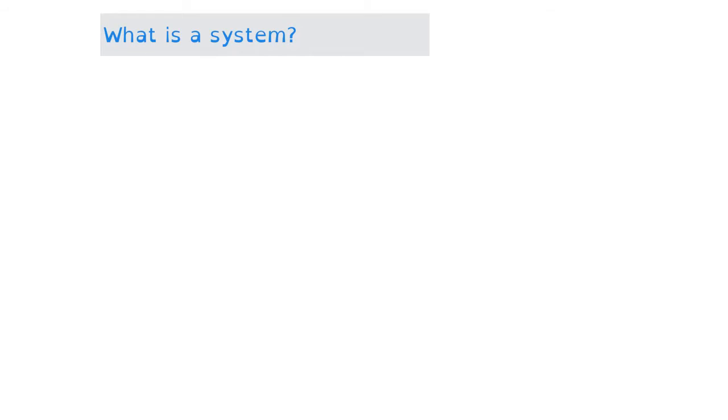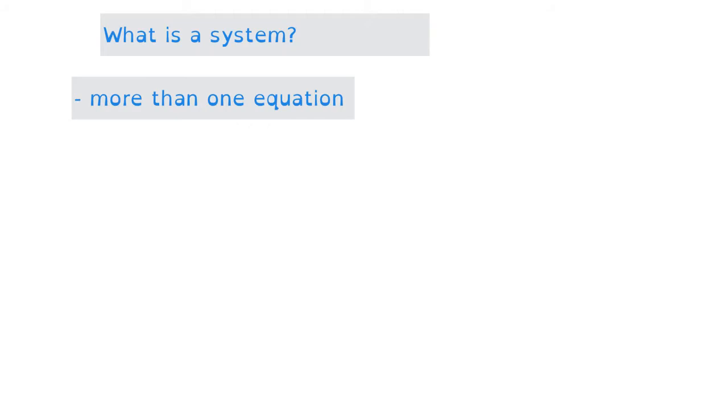Okay, so before we can even do these two sections, we have to know what is a system. So a system of equations, or a system in math, is more than one equation. So in the case of a system of linear equations, we're talking about more than one equation that has more than one variable. This is where we talk about how many variables there are.